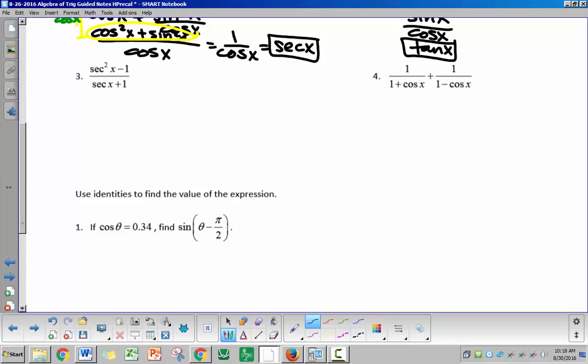All right, well, what about this one? How many trig functions do I have? I just have 1, so I would resist changing it. But the denominator is going to give us a clue as to what we can do. Yeah, Renee?